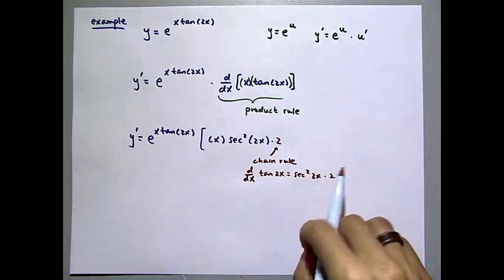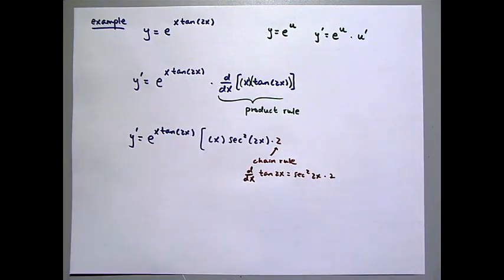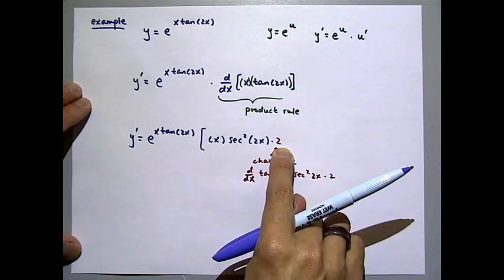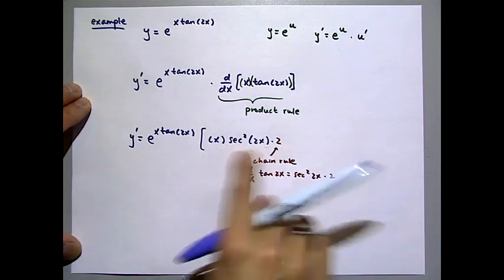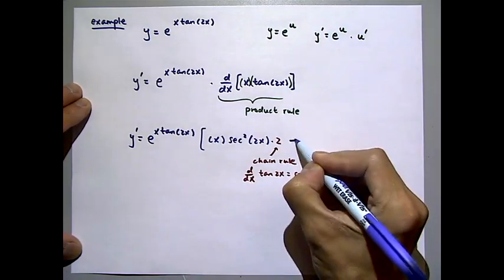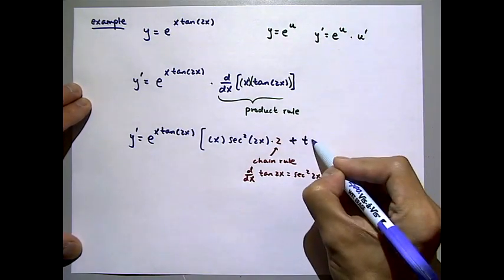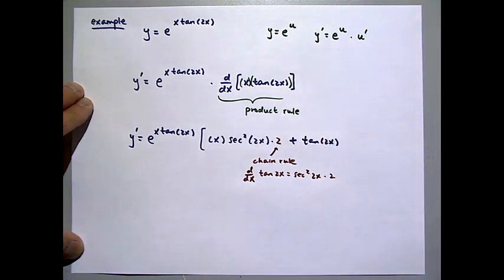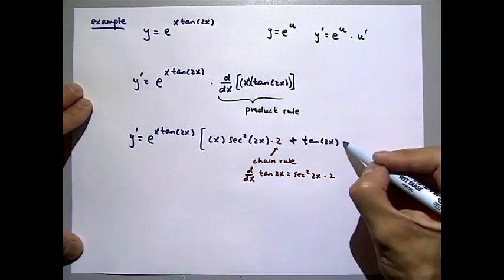We have a tangent of u, the derivative is secant squared u prime. That completes the first part of the product rule: first times derivative of the second. Now we get second times the derivative of the first. The first is x, the derivative is 1. Okay, that's easy.